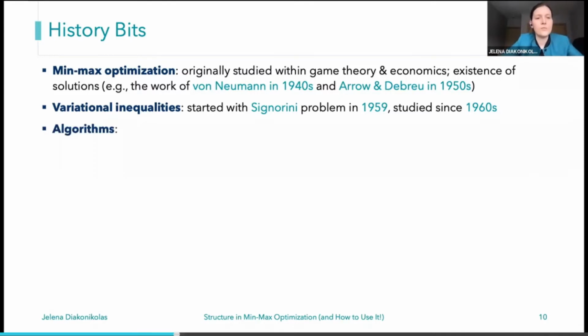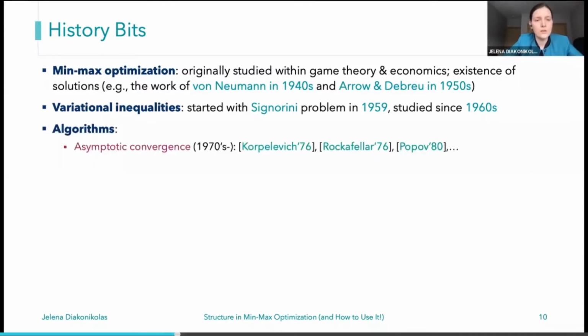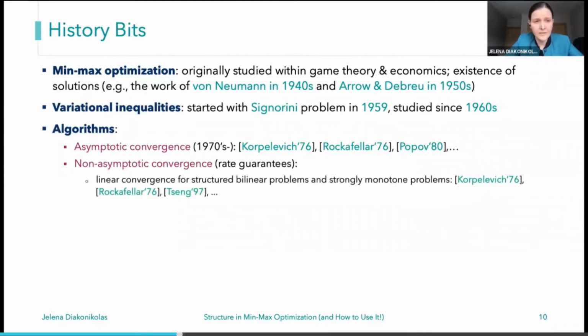And in terms of algorithms, since at least the 1970s, there were results for asymptotic convergence in terms of the points, like distance to opt. There were already rate guarantees even since the 1970s, at least for some structured bilinear problems or strongly monotone problems.